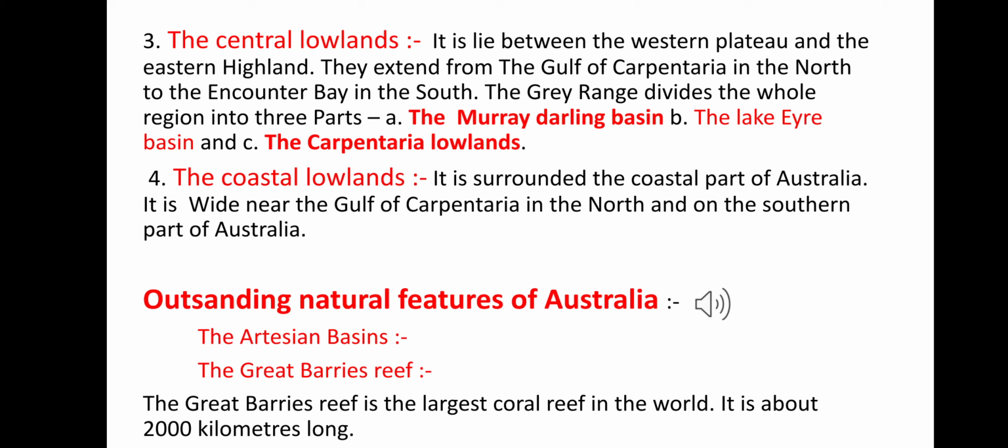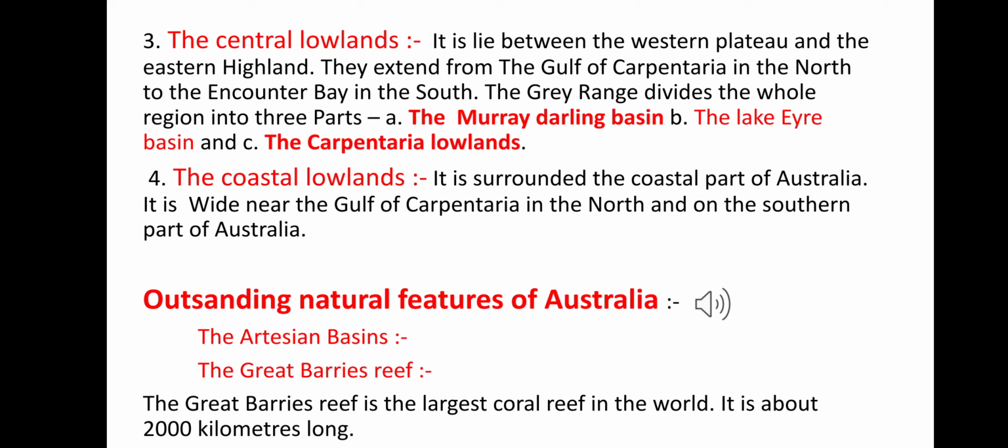Number three is the Carpentaria Lowland, and it has a gentle slope towards the Gulf of Carpentaria. It is drained by the Flinders and Mitchell Rivers, and the rock layers in the Carpentaria Lowland are basin shaped. Wells are dug in the rock layer and water comes out automatically without the help of pumps. These wells are called artesian wells.